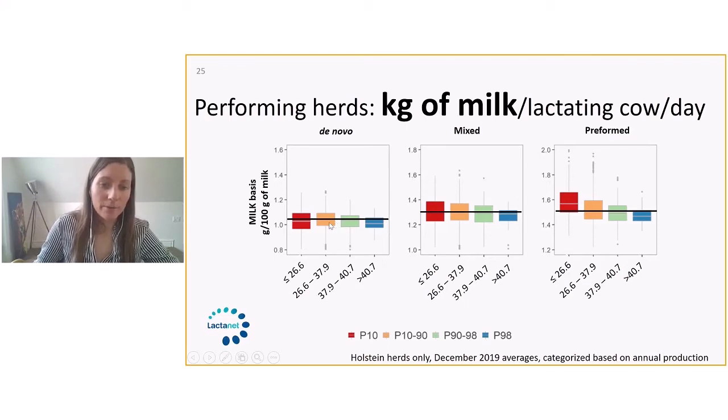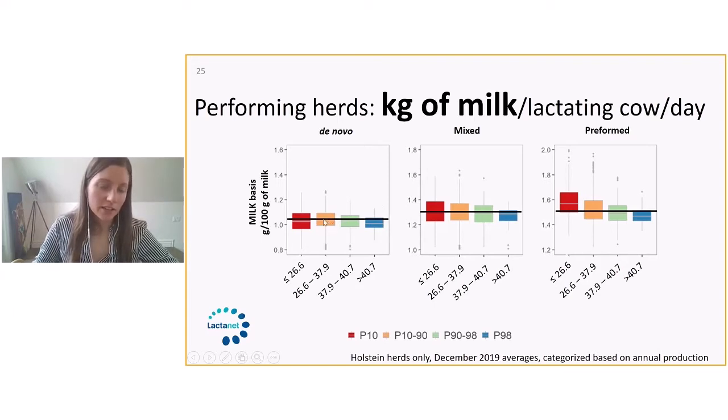If we look at our main group here, the orange group, we see that the average is really similar for all groups. The really high performing herds based on kgs of milk per lactating cow are just below, but when we look again at the units, there's not much of a difference. And some of these herds that are really high performing still have some of their de novo above the average group here.